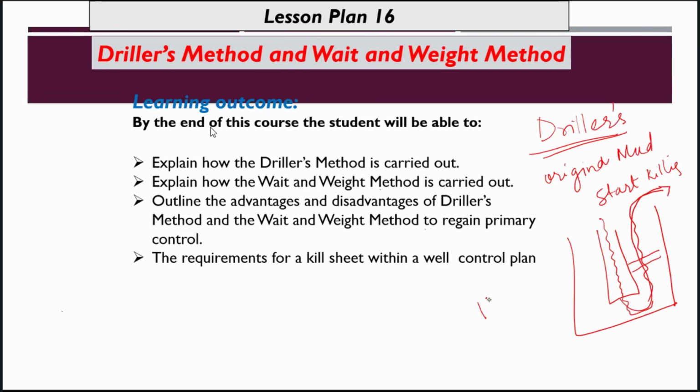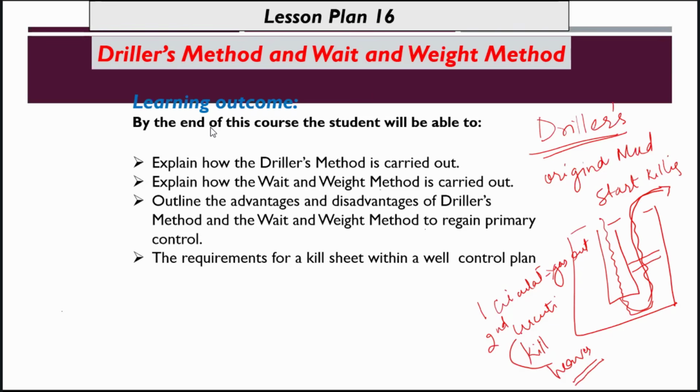So in one circulation, your gas is out, or influx out. But the well is still not killed because this mud is not sufficient to balance the formation. So in second circulation, you pump a kill mud. Okay, kill mud means heavy mud. You pump a heavy mud.